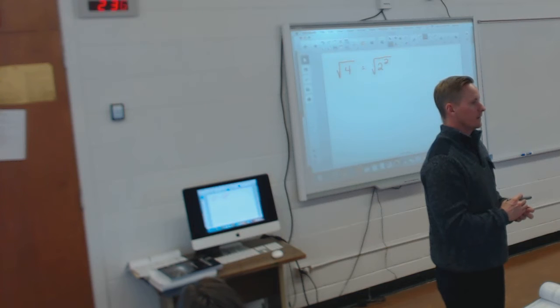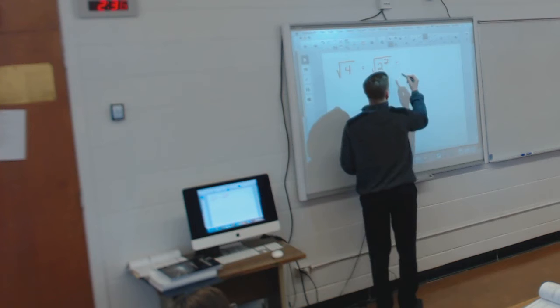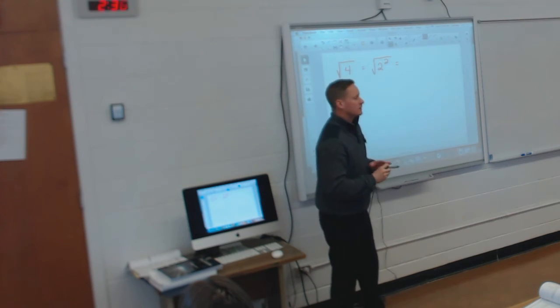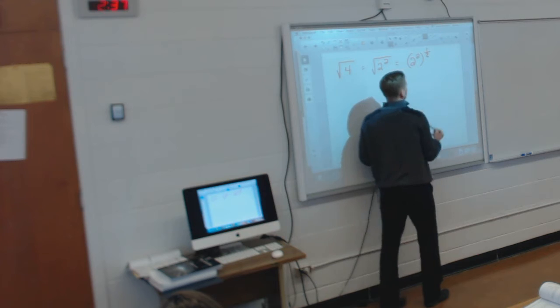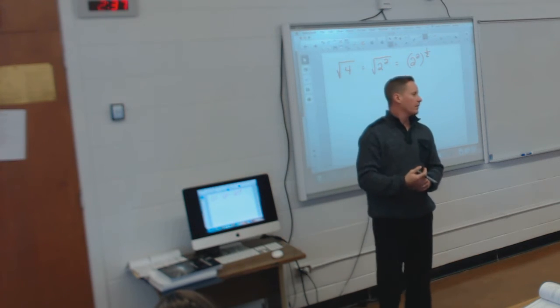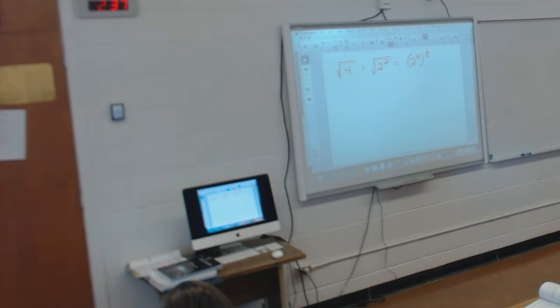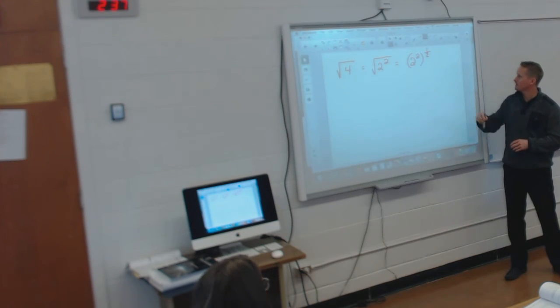It's hard to ask this question and make it make sense. This is the newest thing for you. You have never seen this before. The square root can be written as an exponent of 1/2.